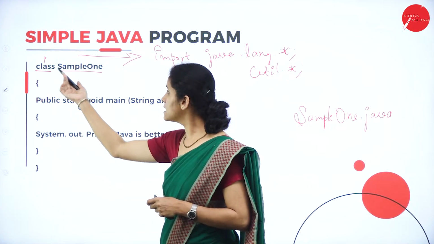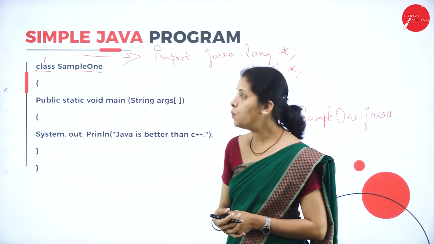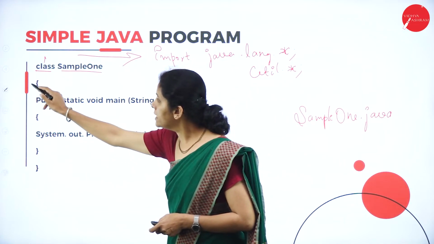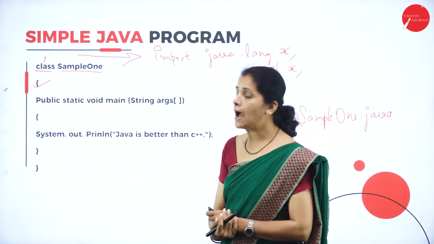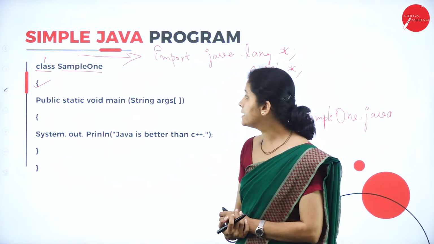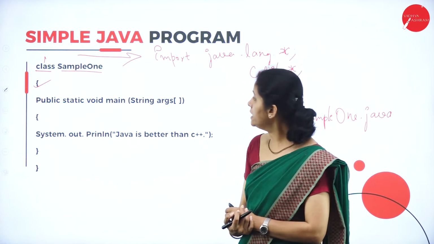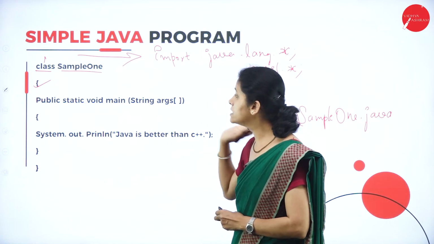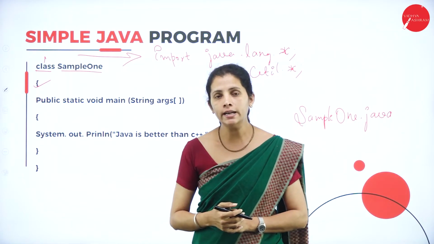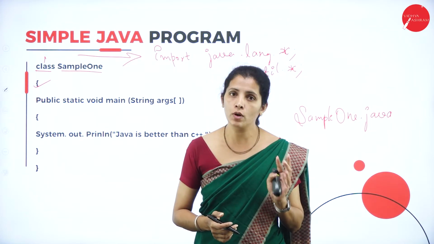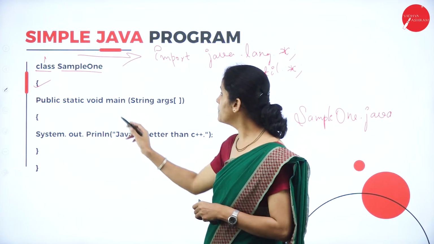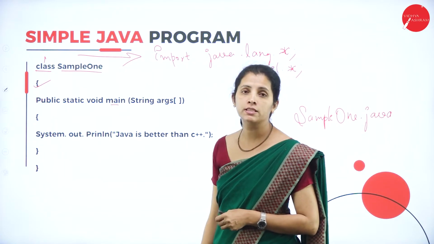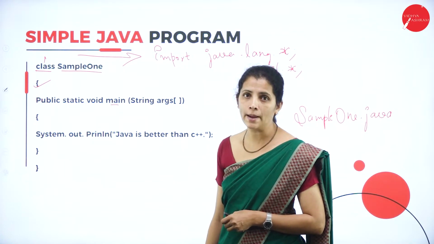So, what is my class name? That is Sample1. Open the curly brace. Inside that, I'm going to have public static void main(String args). So, dear student, if I consider any programming language, the execution of the program is going to start from the main program.